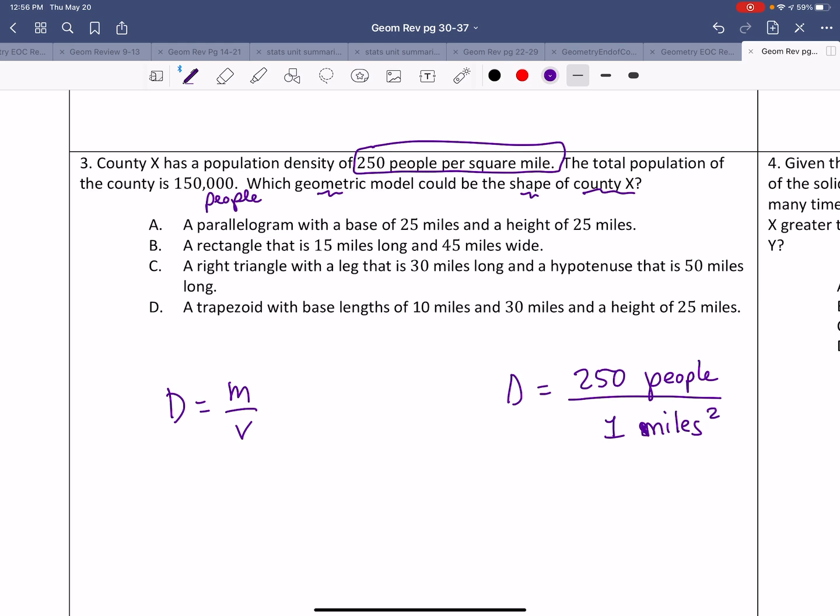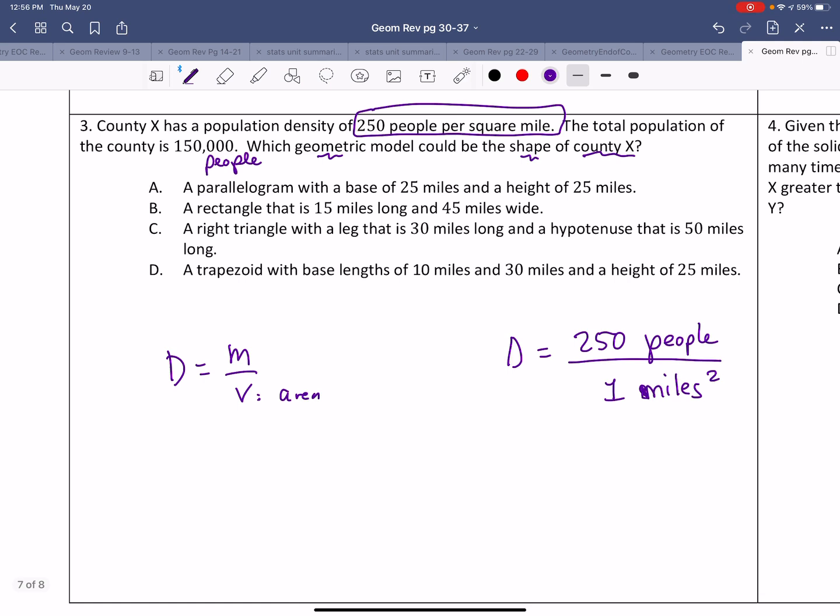We're trying to, or you could also show this as the area. So let's see. If I wanted to solve for area, you could swap these, right?